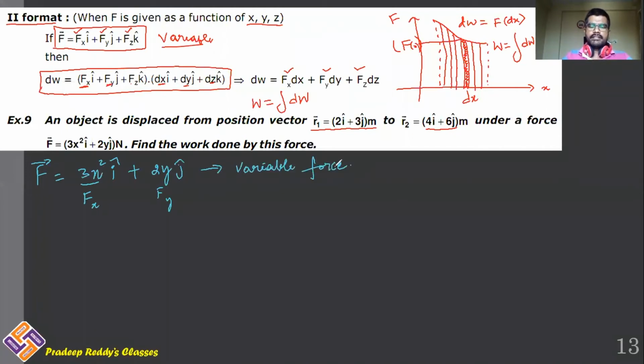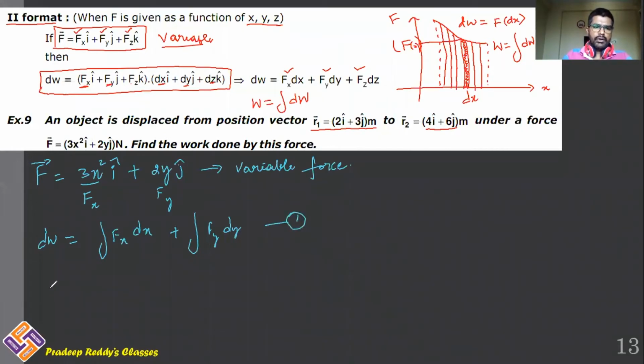So whenever work is done by variable force, in such cases you will first calculate dW. dW is equal to integration of f of x dx plus integration of f of y dy. Now I want to find out this dx and dy. Let me take this as equation number 1.